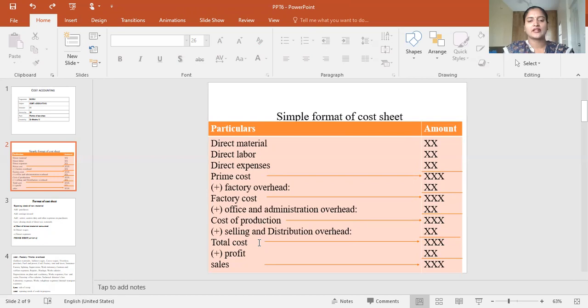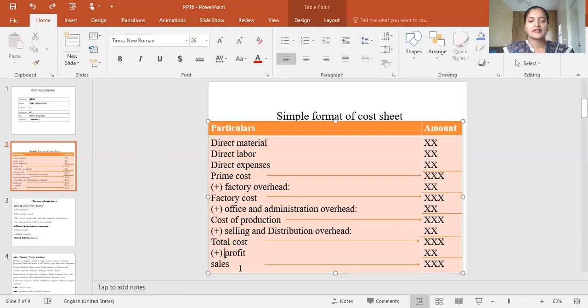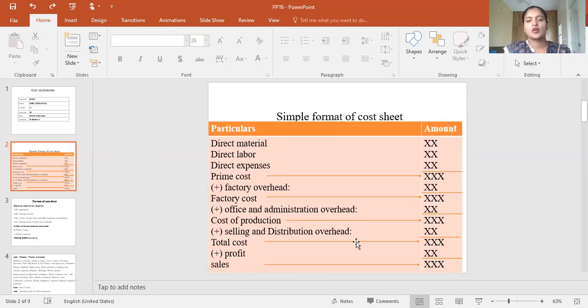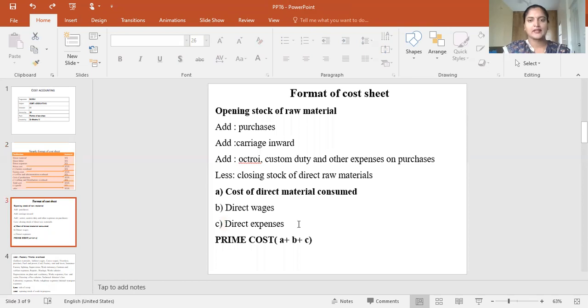That is what we call the total cost. For that, if you add a profit, you get the sales. This is what we call the sales here. This is a simple format of the cost sheet. Now, let us move on to the next slide, the format of cost sheet.